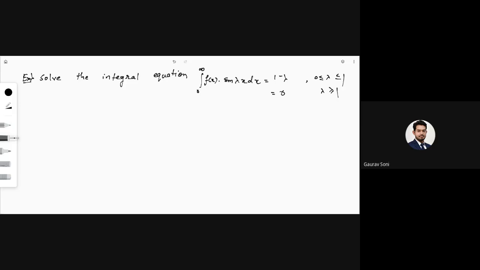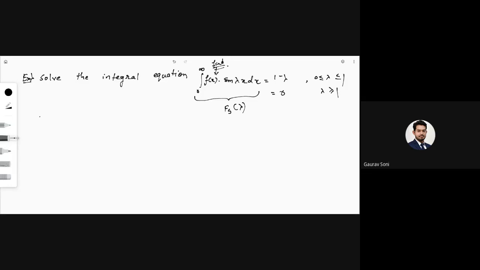So if you take the inverse Fourier sine transform of the function on the right hand side, probably we will get the solution. This is Fs of lambda, as you can see. So from Fs of lambda, we need to find f of x. Solving the integral equation means we have to find this.